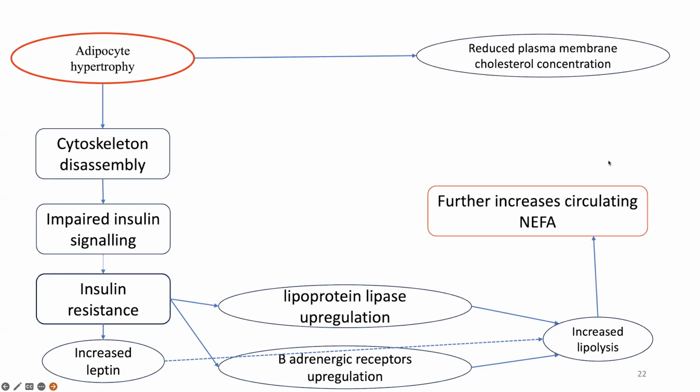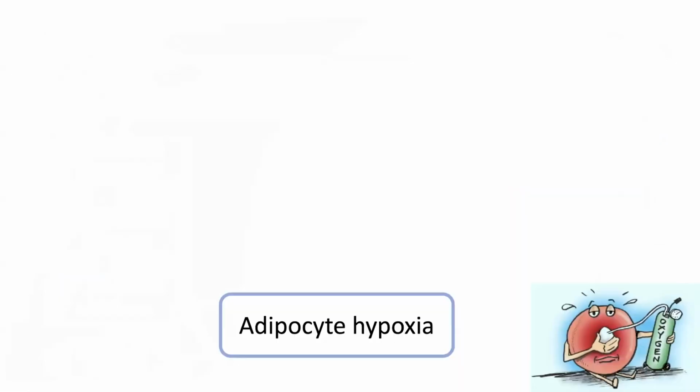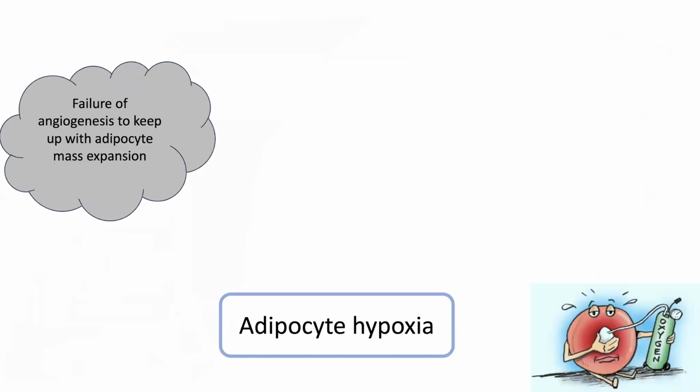At the same time, once adipose tissue is getting hypertrophied, there is a deposition of cholesterol onto the membrane of the adipocytes. That leads to decreased uptake of fatty acids from the circulation into the adipose tissue. So even though fatty tissue looks like the tissue which is taking a lot of fat, it is a diseased tissue. The diseased uptake of fat from the circulation again leads to a lot of availability of fat in the circulation.